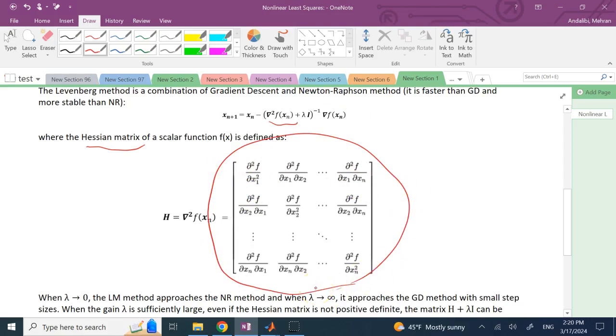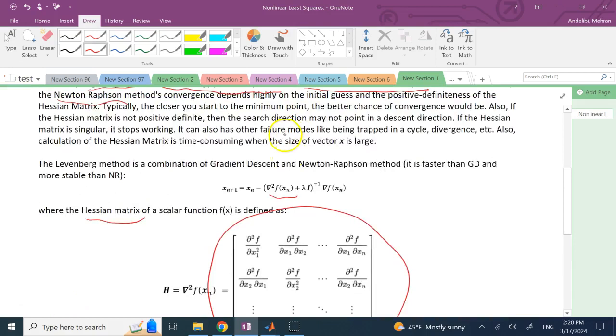So the Newton-Raphson uses this del squared, or the Hessian, and it needs to invert it also. The good thing about it is its typically fast convergence, but the convergence does depend on how good your initial guess is, and it does depend on whether that Hessian matrix is positive definite or not.